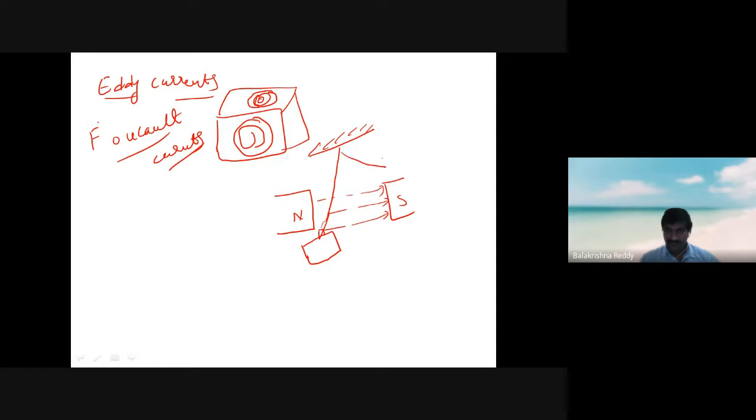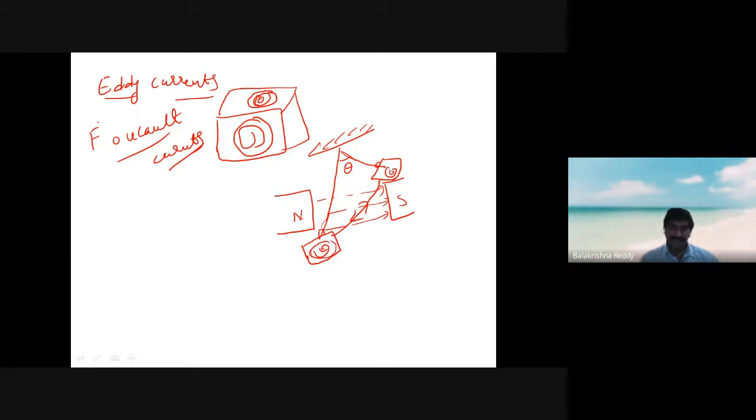It is moving to and fro. While it is moving to and fro, what happens? It is moving with some angle theta, like a pendulum, front and back through the magnetic field. In this metallic piece, some amount of currents are developing. How did we understand that currents are developed inside?